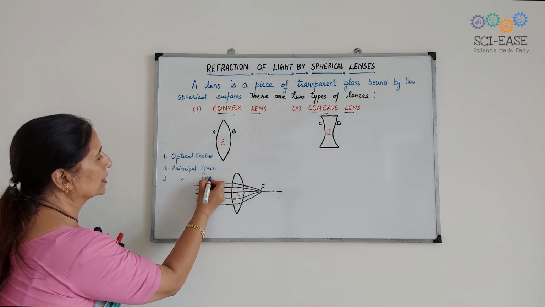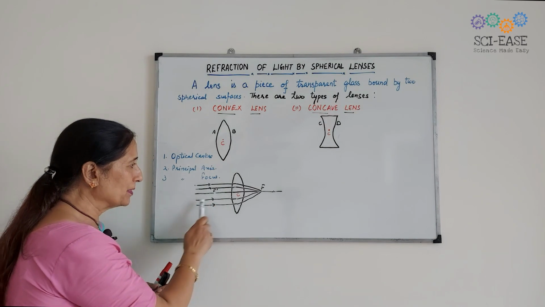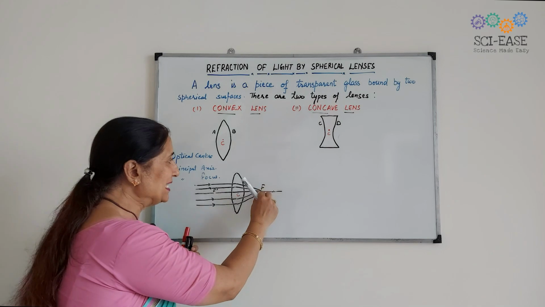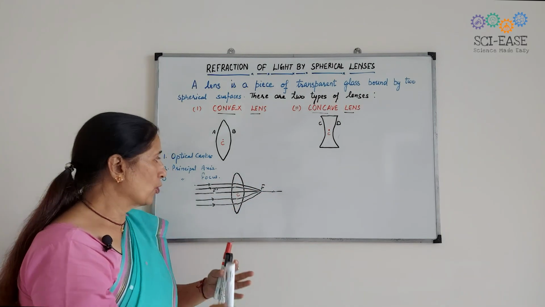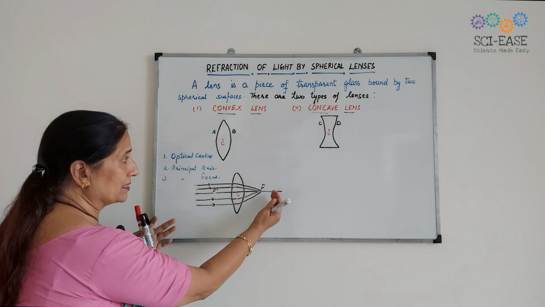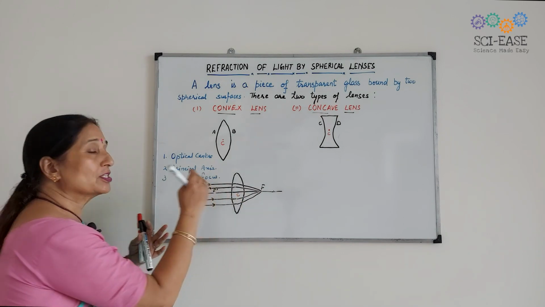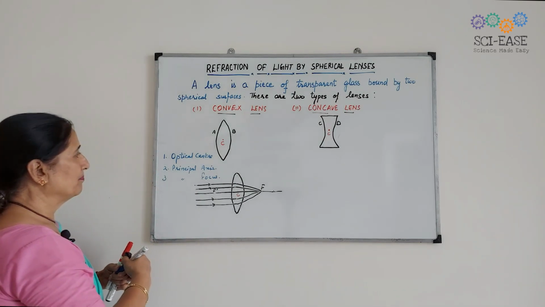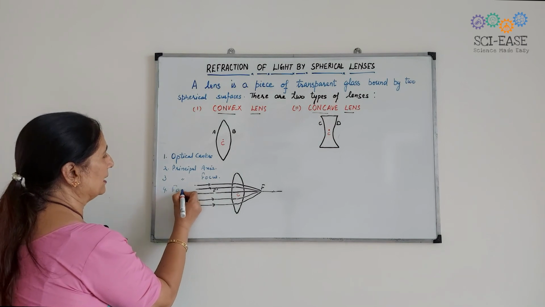The rays parallel to the principal axis, after refraction, will meet at one point, which is known as the principal focus. And if the rays start from the right hand side and fall on the lens, then the principal focus will be on the left hand side.